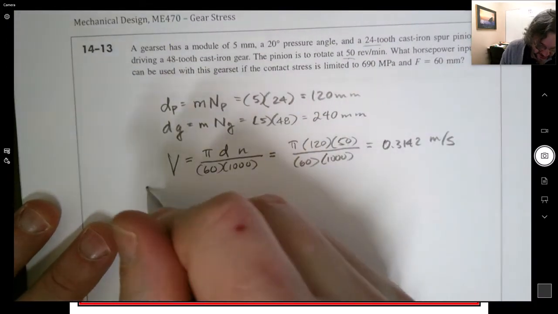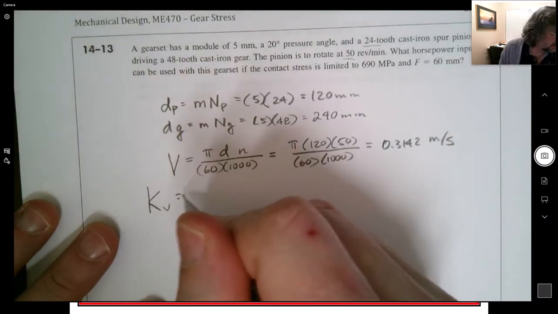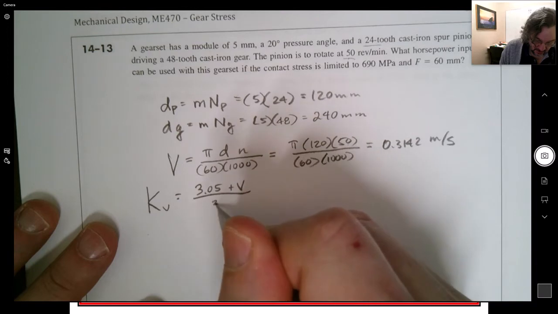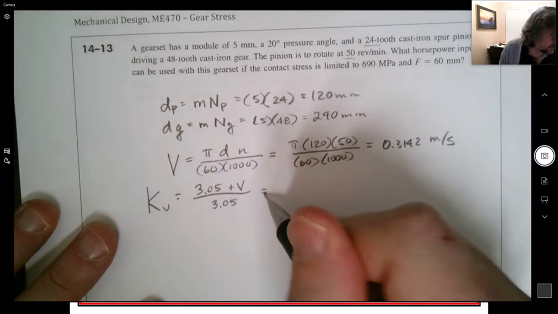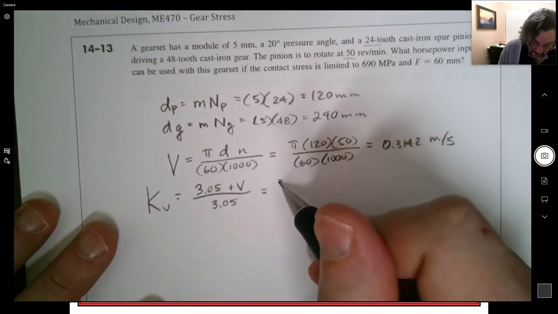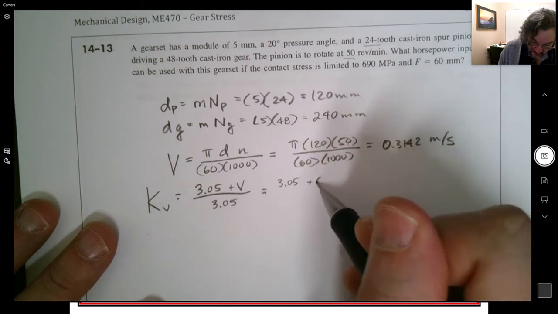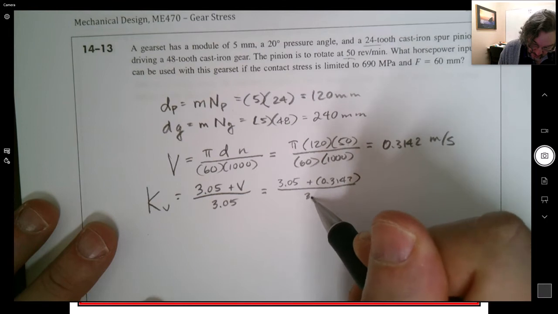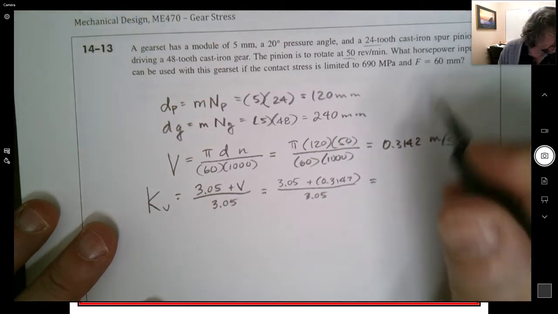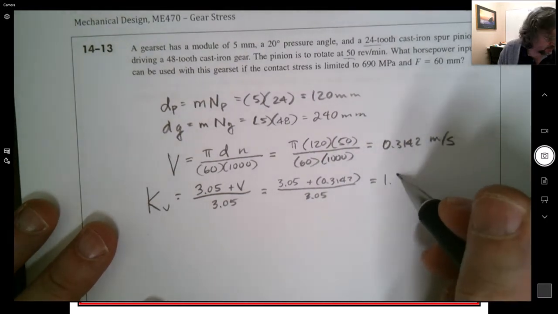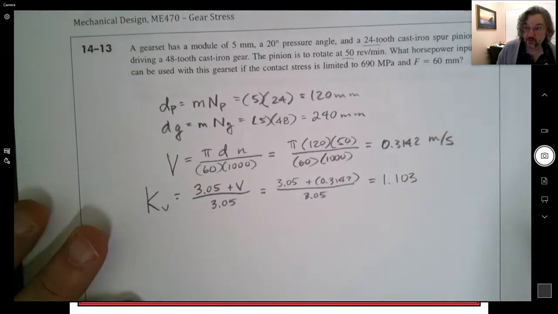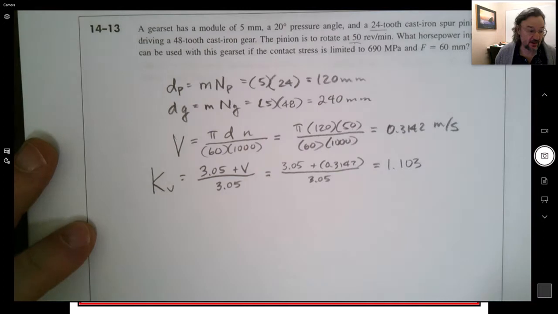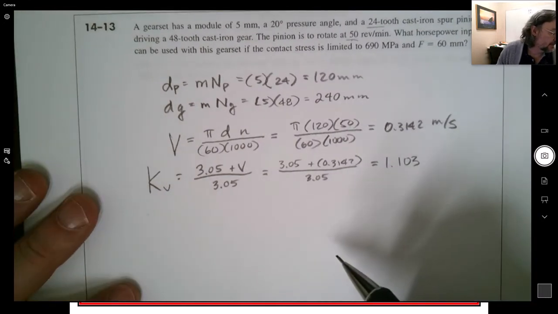So for the KV, we take 3.05 plus V over 3.05, and so 3.05 plus 0.3142 over 3.05, and we get 1.103. What we learned from that is it doesn't have a lot of effect. This 50 RPM doesn't put a lot of dynamic factor onto there.